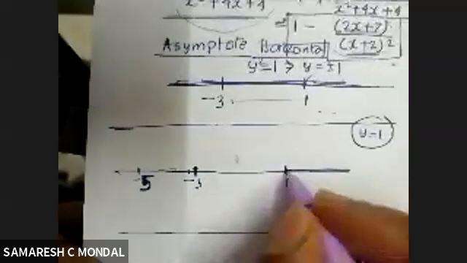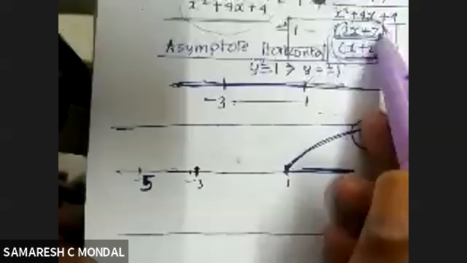The graph will go like this. It will never exceed 1. It will never come negative. You may feel that the numerator becomes greater than the denominator. It will not happen, because as x increases beyond 1, the denominator will be larger than the numerator. So the denominator will be higher than the numerator.